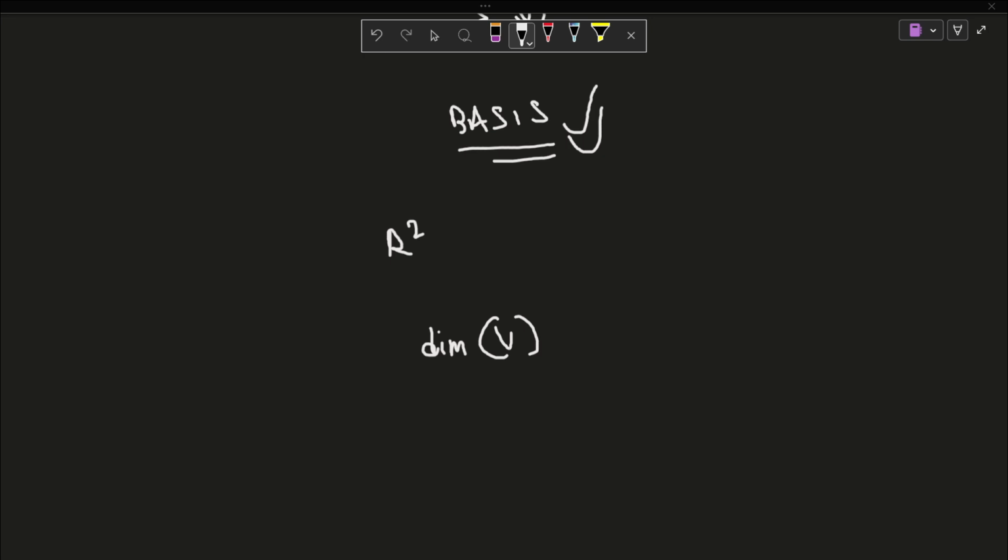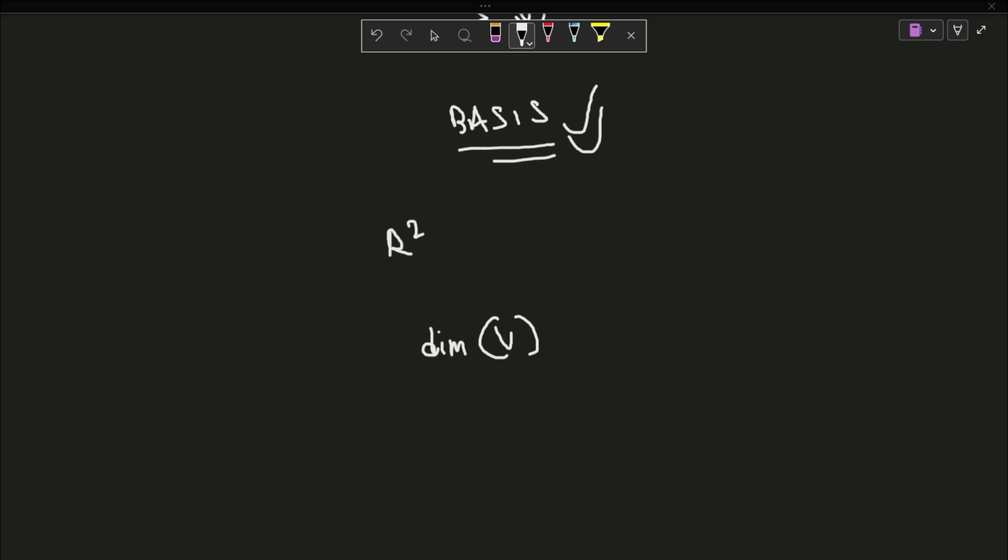And dimension is going to be a pretty good quantity for understanding vector spaces better. And just to recap the definition of dimension, it's just the number of vectors in a basis for that vector space, because the number of vectors in all the bases is always the same.